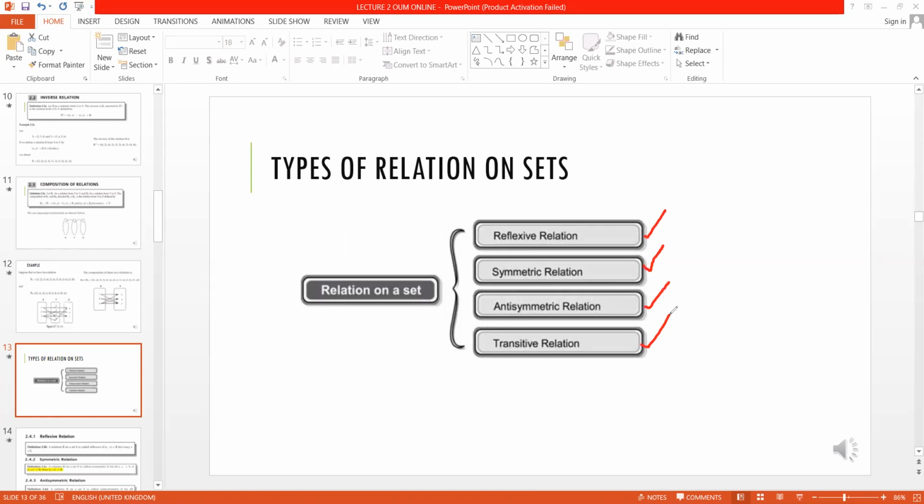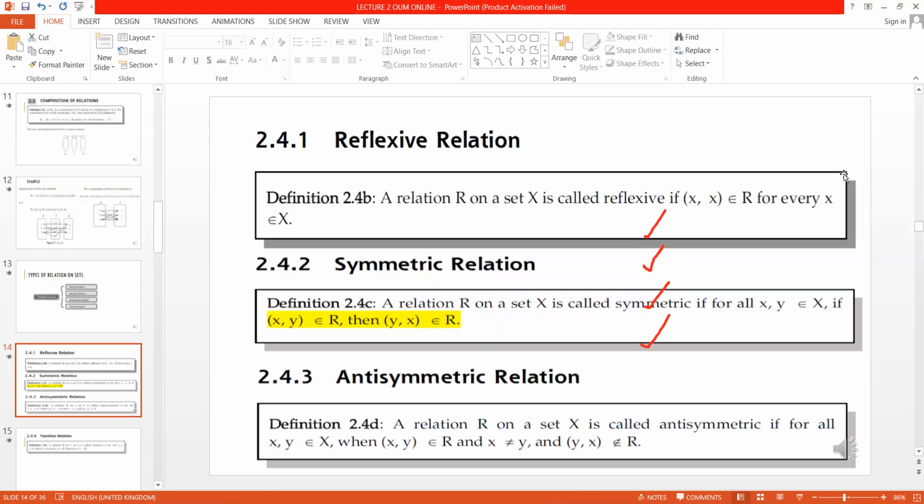Okay, good. Let me move to the next page. So when we say a reflexive relation, reflection is just looking into the mirror. You look into the mirror, you see yourself.